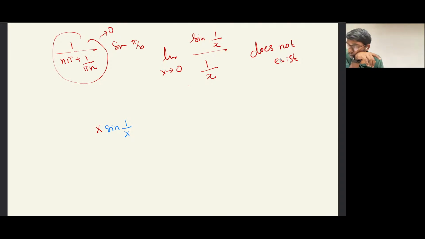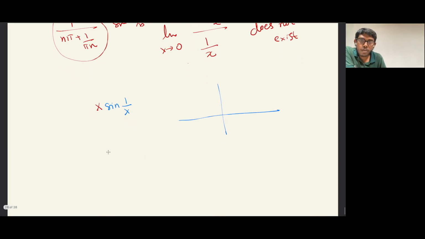Yeah, just a minute. If I plot this function near 0, it is fluctuating very rapidly. So I'll have to take the near-0 thing. Let's take near 0. I'll take 1 by pi n, of course.